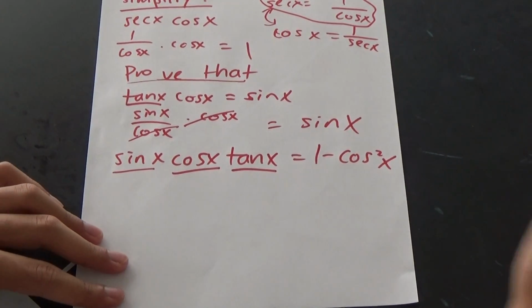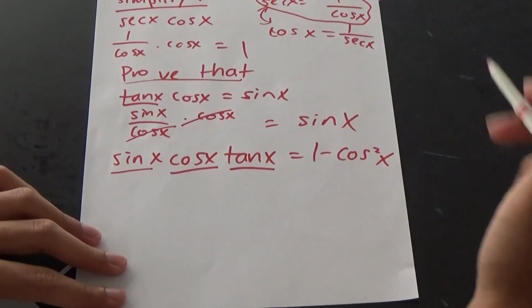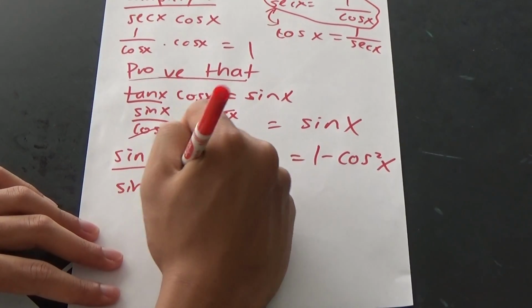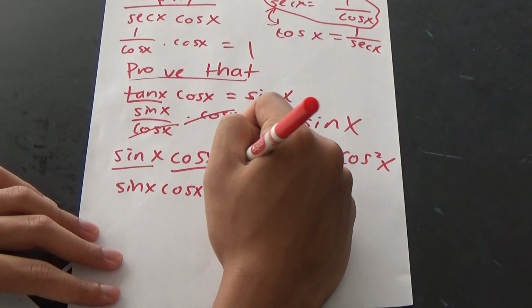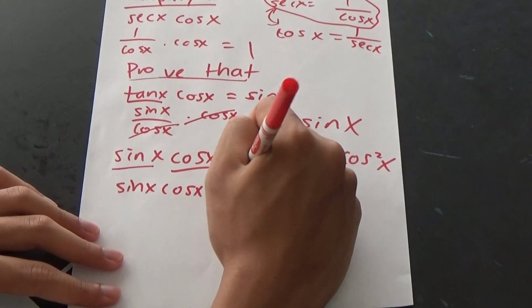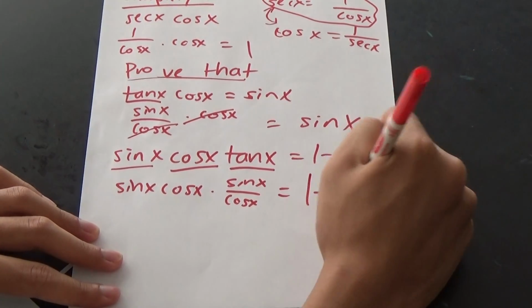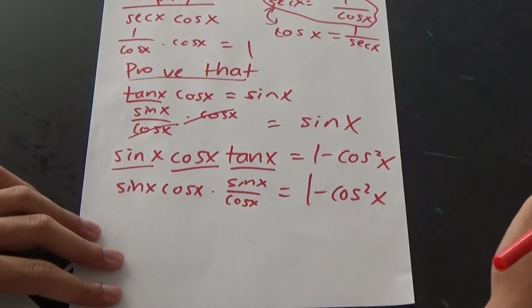But you can't really do anything with the sine and the cosine, so go ahead and manipulate the tan x, of course. So sine x, cosine x, times sine x over cosine x equals 1 minus cosine squared x.